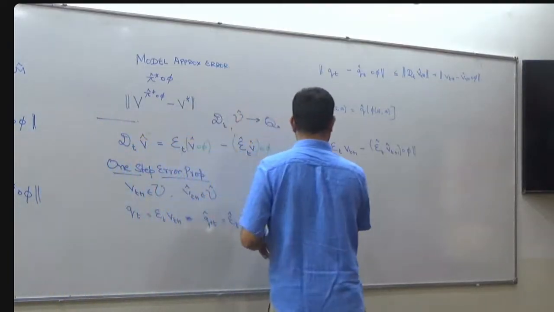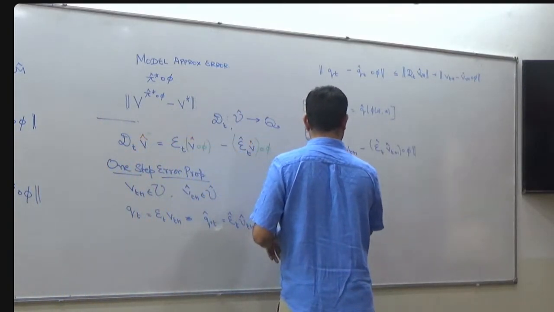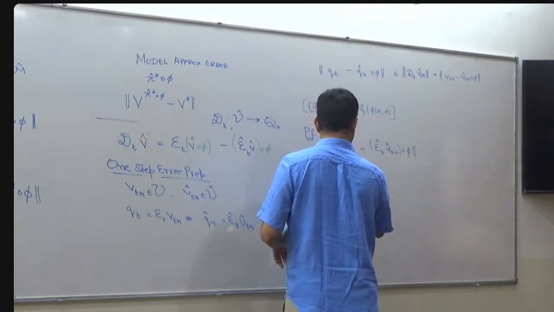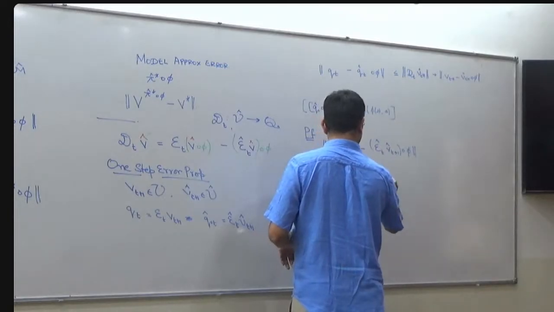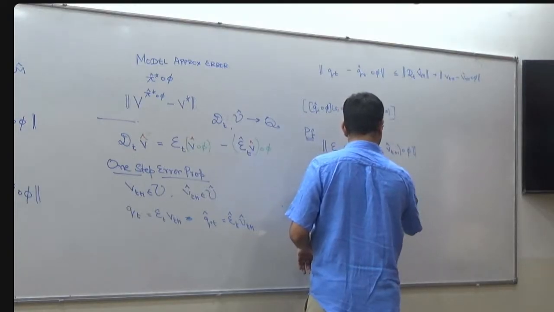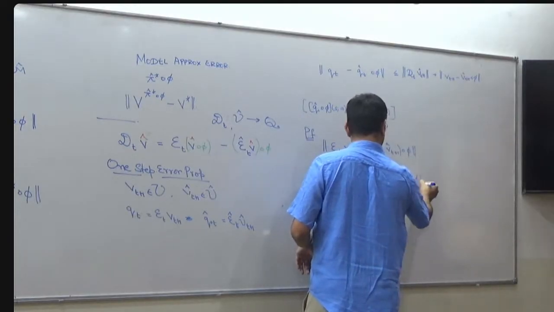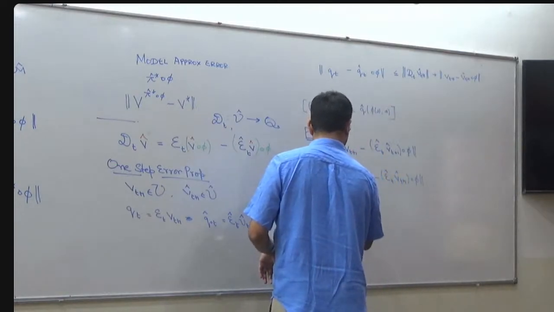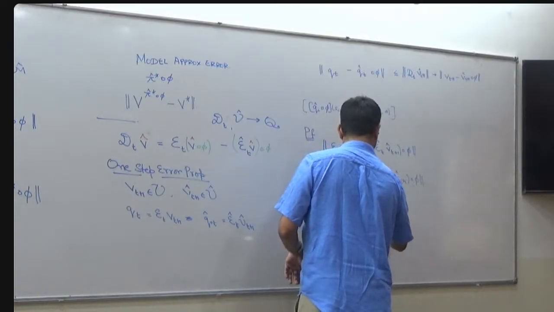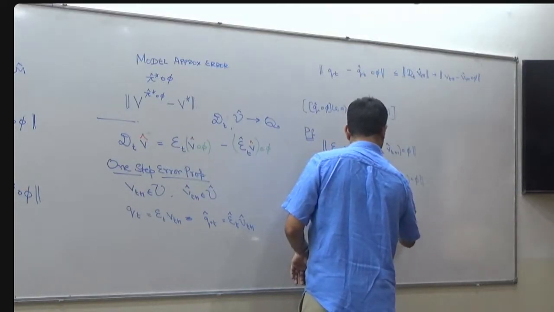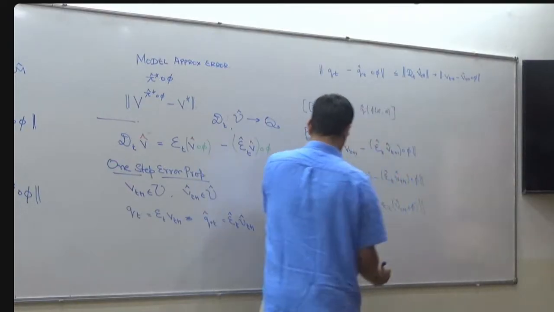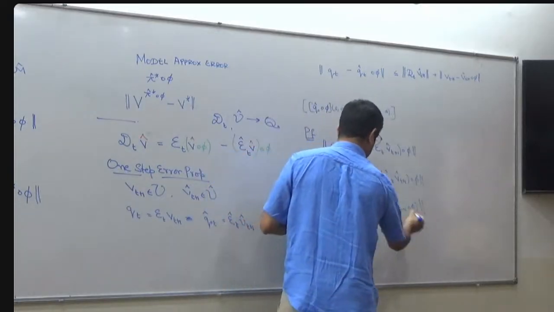So this is less than or equal to E t of V hat T plus 1 extrapolation minus E hat T V hat T plus 1, plus E t V t plus 1 minus E t V hat T plus 1 composed with phi. I am adding and subtracting this term on both sides.